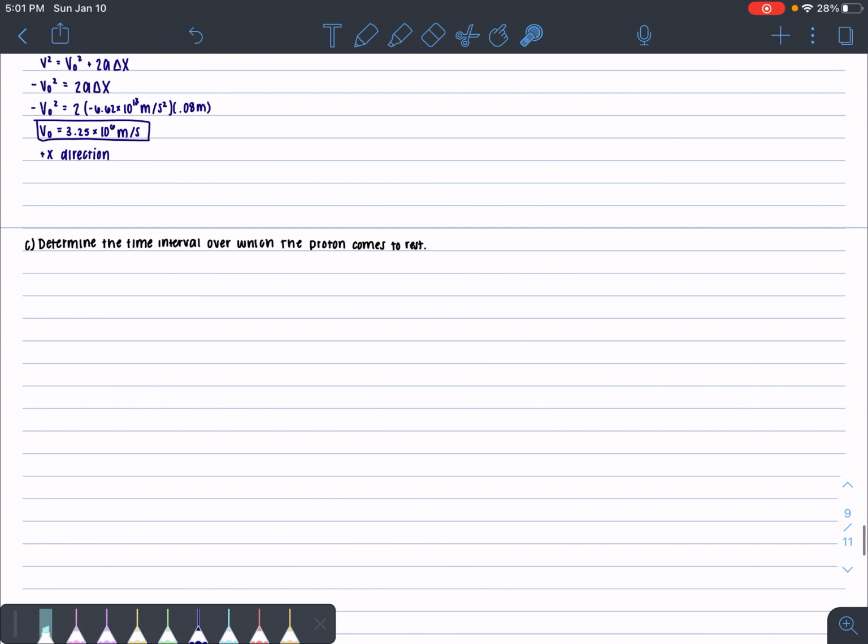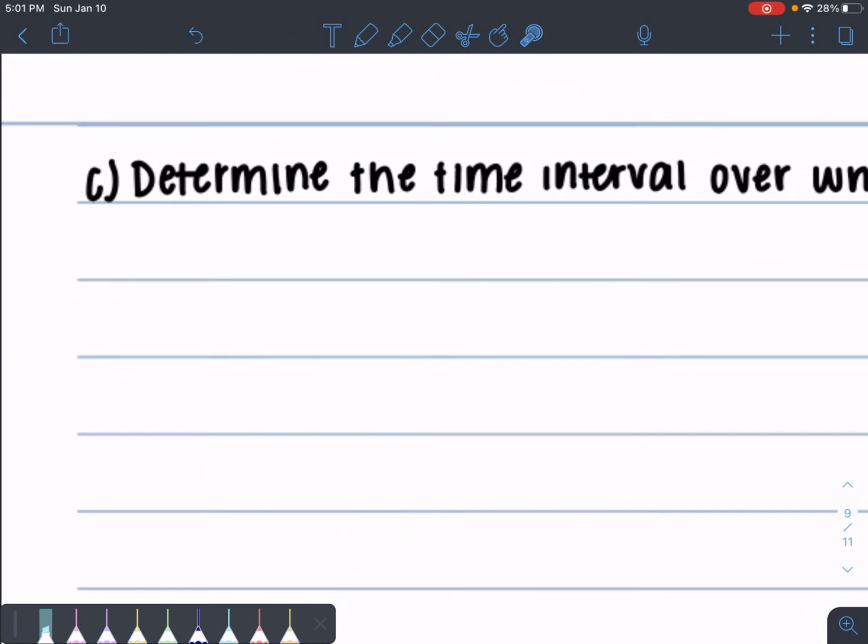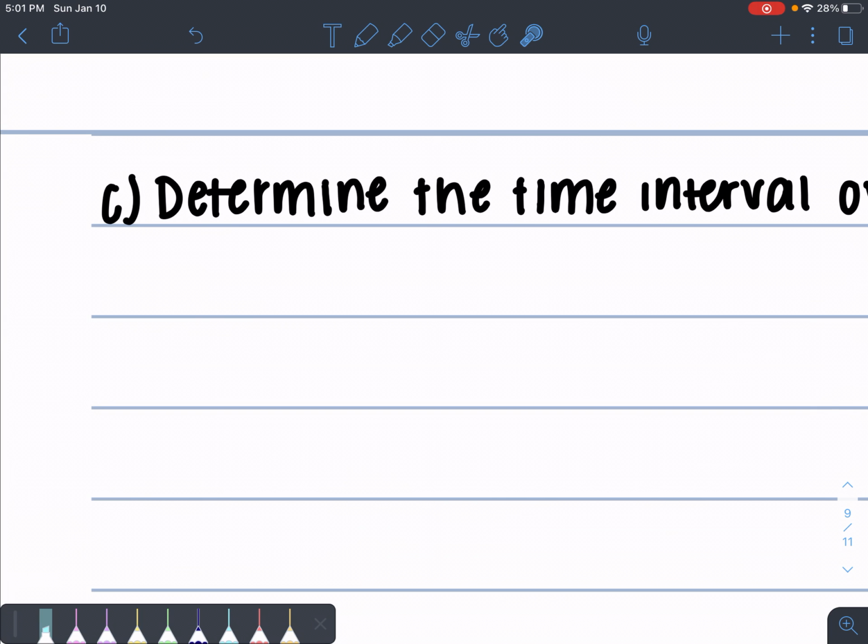So the last thing that it asks is determine the time interval over which the proton comes to rest. So I just used acceleration equals change in velocity over change in time, and I solved for time.